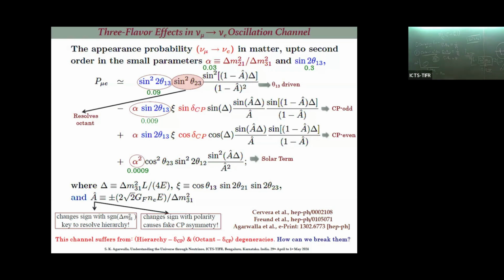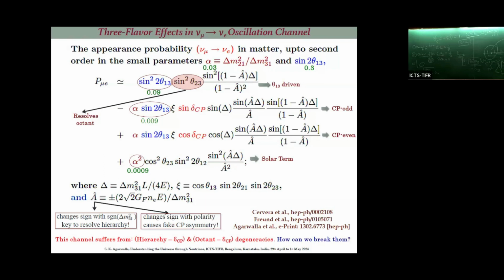Because the formula relevant for Daya Bay is 1 minus sin square 2 theta 13 sin square delta m square 31 L by 4E. So you see nothing else is coming in the leading term, only sin square 2 theta 13. There is no delta CP, there is no theta 23.